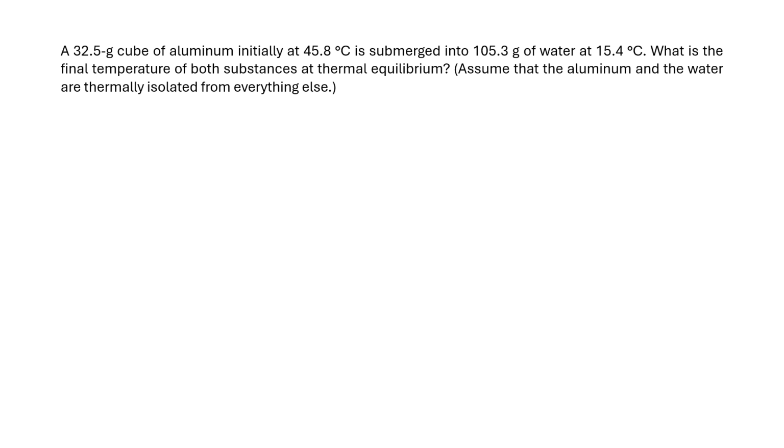It says a 32.5 gram cube of aluminum, initially at 45.8 degrees Celsius, is submerged into 105.3 grams of water at 15.4 degrees Celsius. What is the final temperature of both substances at thermal equilibrium? Assume that the aluminum and the water are thermally isolated from everything else.